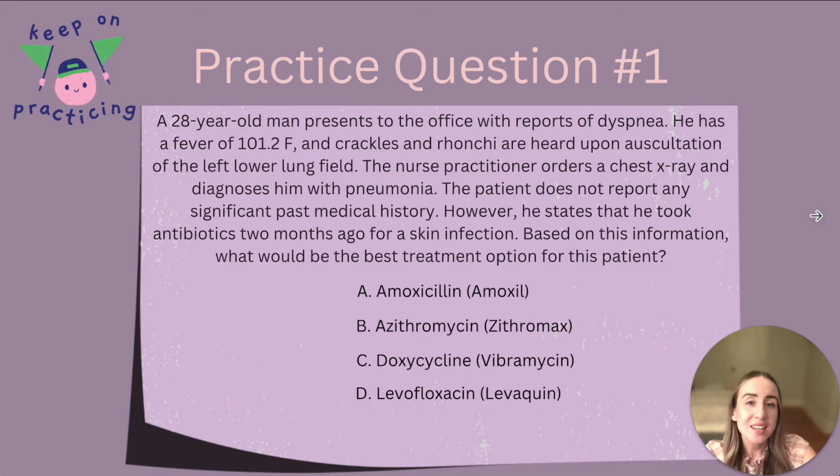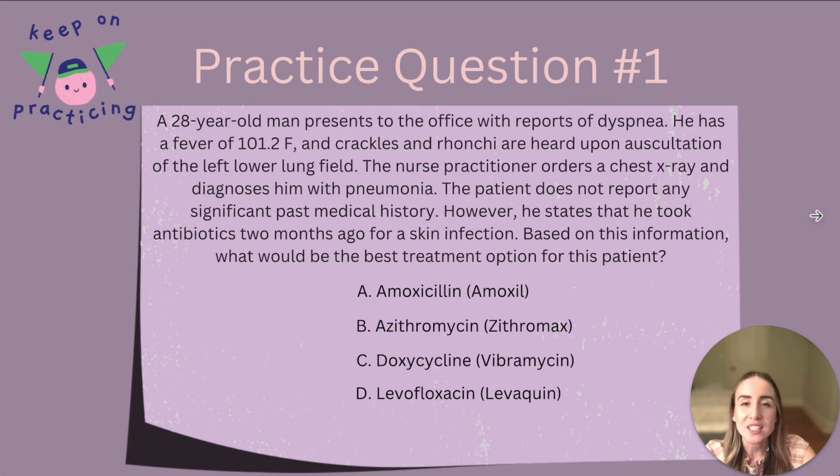However, he states that he took antibiotics 2 months ago for a skin infection. So based on this information, what would be the best treatment option for this patient? Is it A, amoxicillin or amoxil, B, azithromycin or zithromax, C, doxycycline or vibramycin, or D, levofloxacin or levaquin?